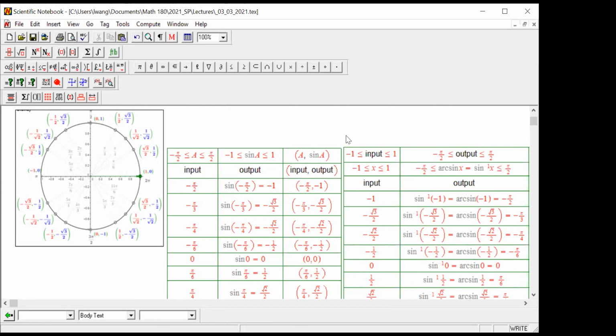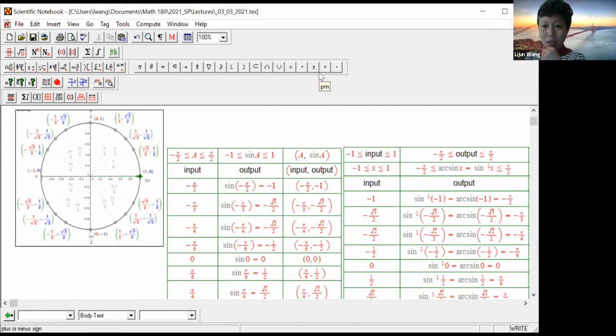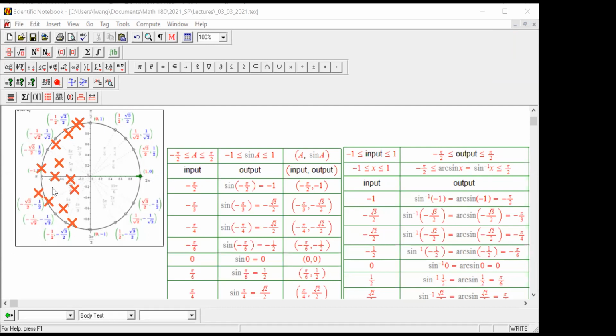Is it quadrant 2 and 3? That's right, that's a perfect answer. Wonderful. So this gives you another venue. For the inverse function, these two quadrants are not needed. We cut them off.